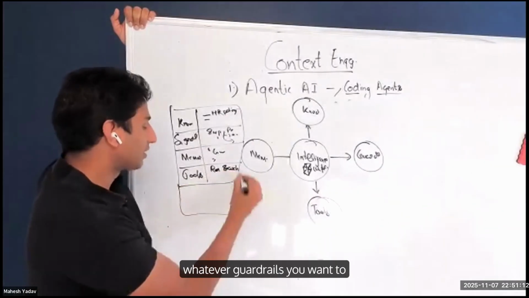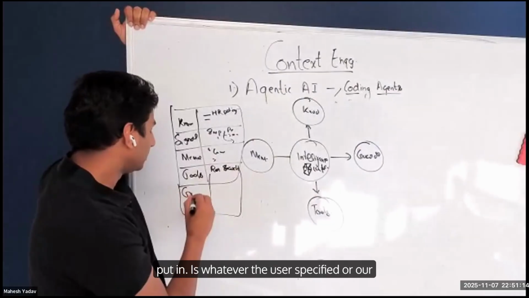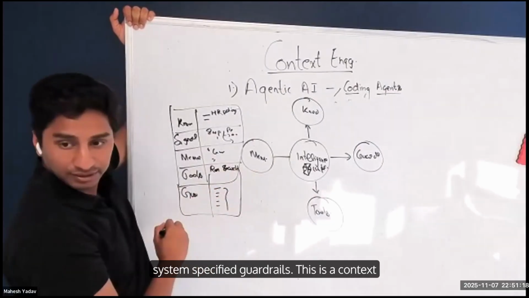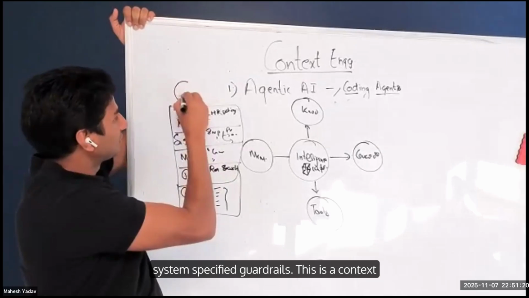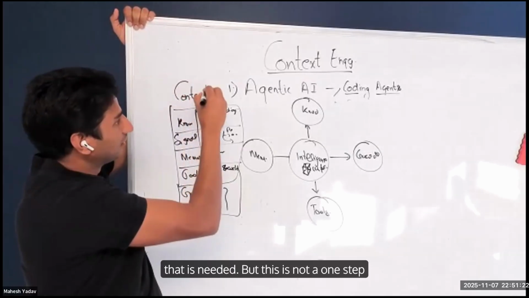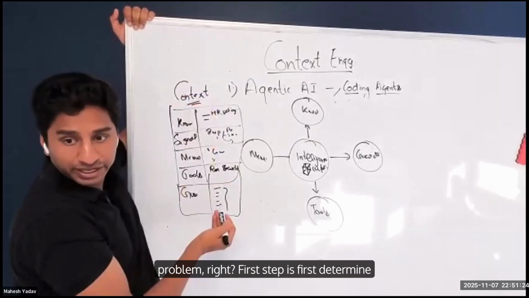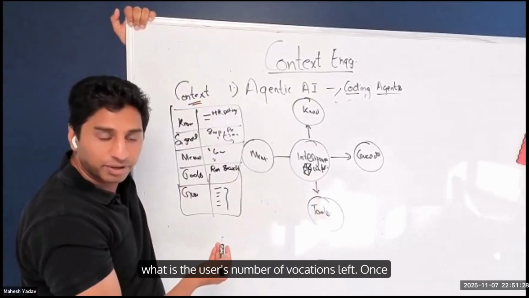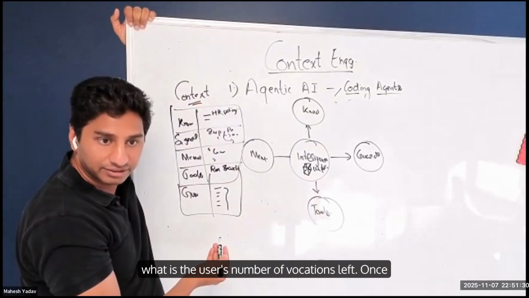And then guardrails, whatever guardrails the user specified or our system specified. This is the context that is needed. But this is not a one-step problem, right? First step is to determine the user's number of vacations left.